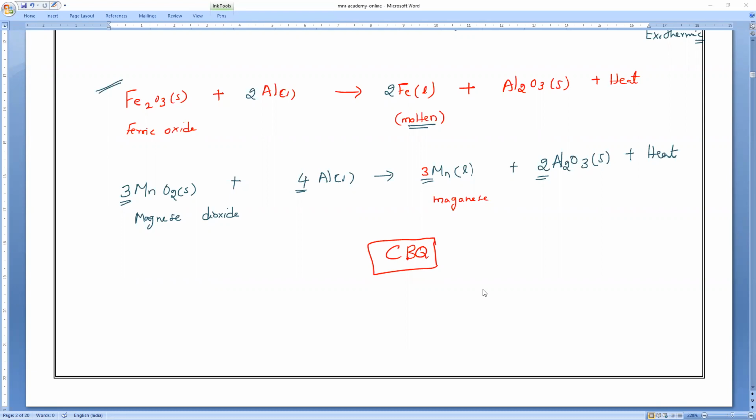Write that given equation, identify the chemical reaction and balance it.